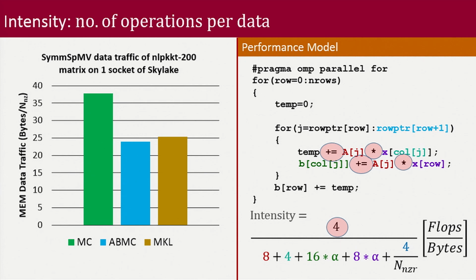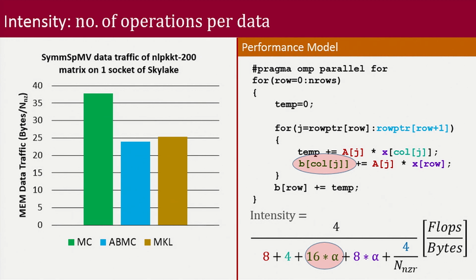This requires 8 bytes for the value of the matrix in case of doubles, 4 bytes for column entries that are stored in 32-bit integers, and 16 times alpha bytes for the b vector. The value 16 comes from 8 bytes to read and 8 bytes to write the value. The parameter alpha is the data locality or reuse factor, which comes from indirect access of b, which depends on column indices of the matrix.